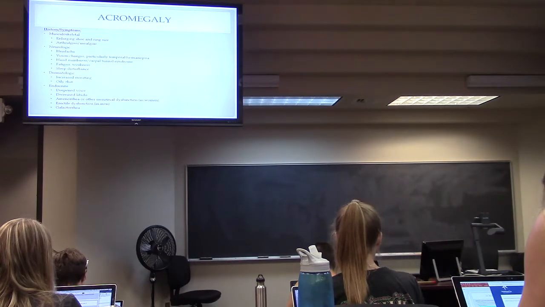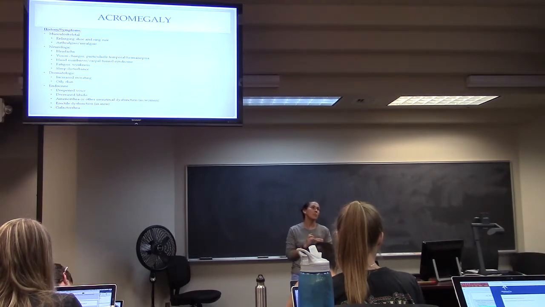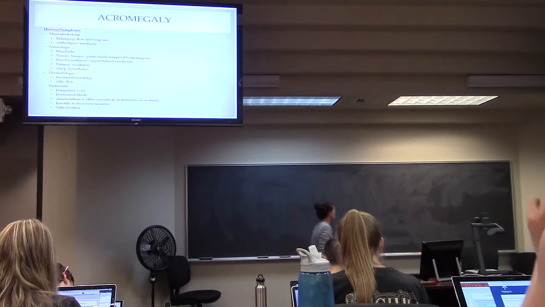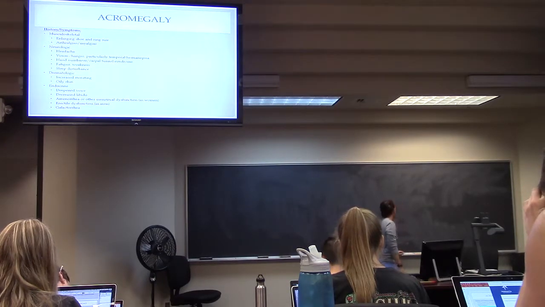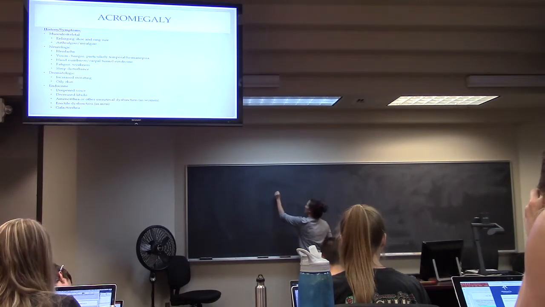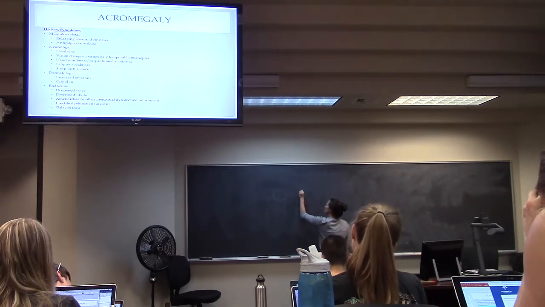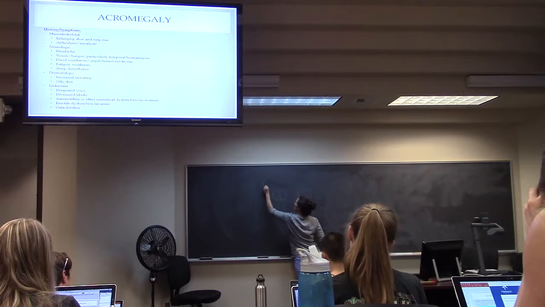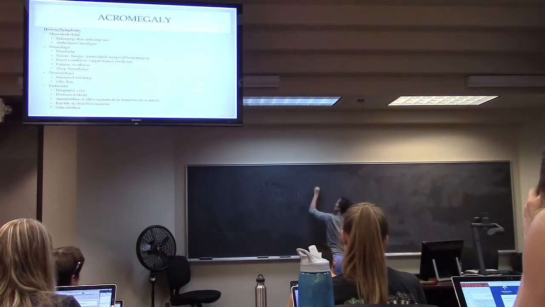Neurologic complaints that they may have: headache, vision changes. I would absolutely know bitemporal hemianopsia. I'm going to draw this out for you. I memorized this when I was in anatomy, and I've never forgotten it. So this is the patient's right side.